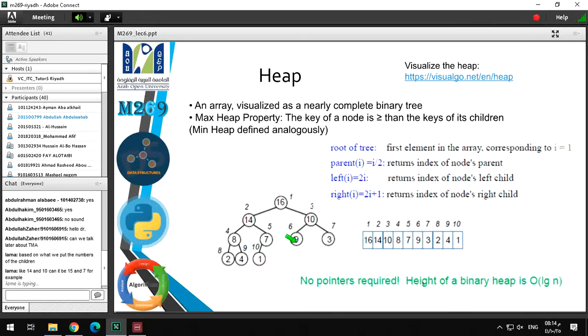So it will not work. If you put 15 here, it will work because it will not violate the max heap property, since 15 is greater than 8 and 7. But if you put 7 here, 7 is smaller than 9. So this is a violation of the max heap tree.